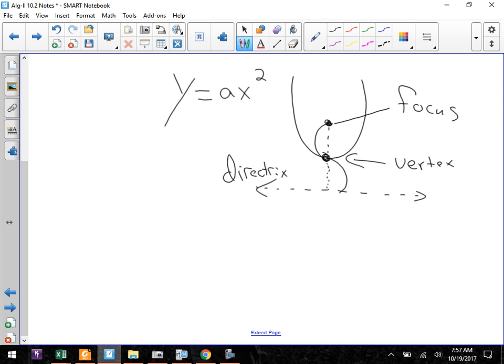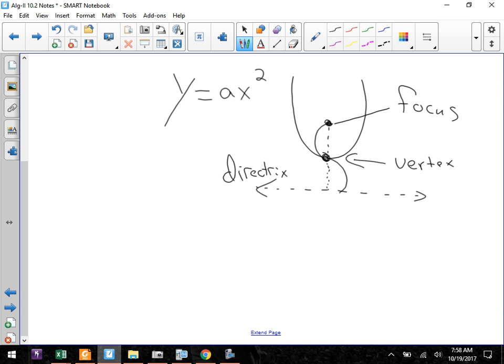Those two distances will always be equal. They have to be. That's how it stays balanced. If it doesn't do that, that means your eyes are out of focus. That's why we need prescription lenses to help balance the focal point on your eyesight. That's where all of this comes from. This is optometry.